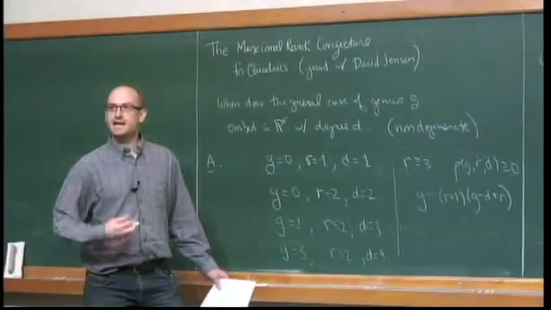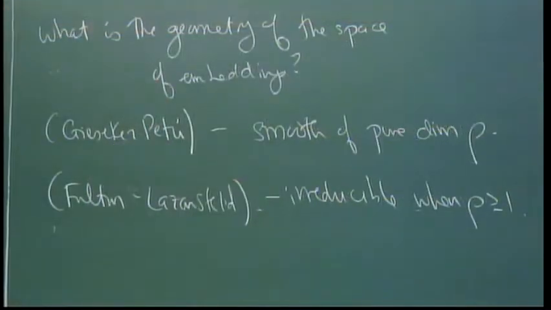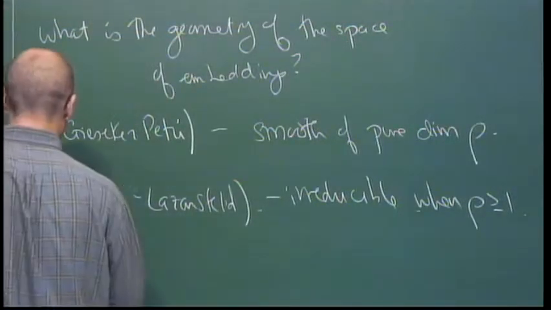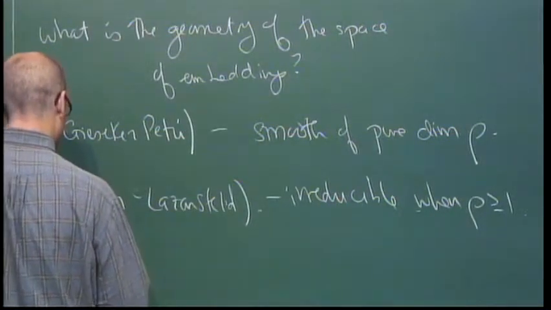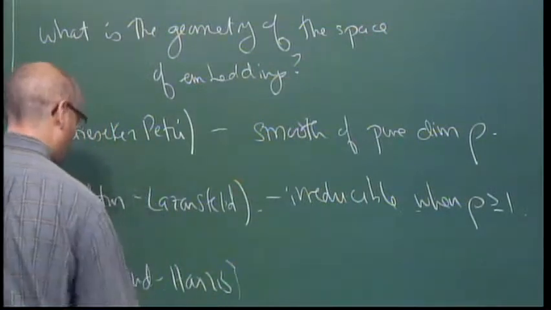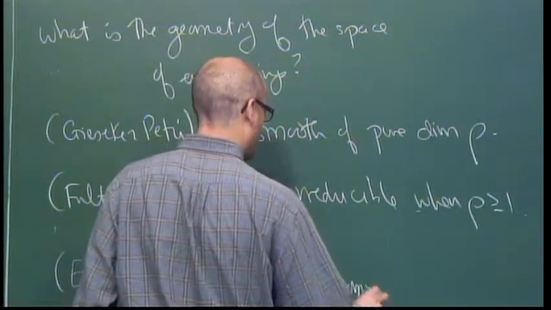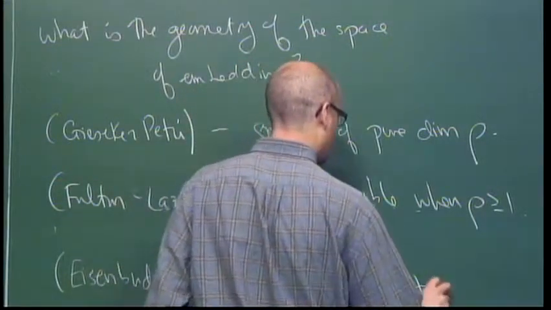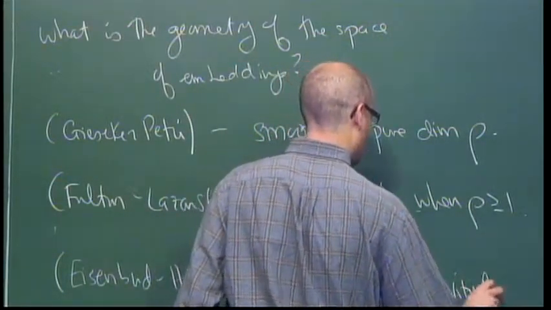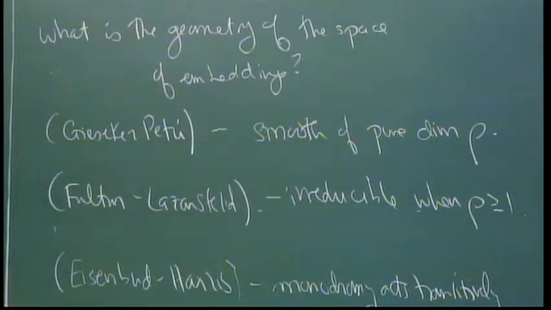But then there's still the case when the dimension is 0, and we have finitely many such embeddings on the general curve. And there you might want to think about how this behaves in families. And Eisenbud and Harris tell us that monodromy acts transitively when rho is 0. So that means, in some sense, you can't distinguish the different embeddings when there are finitely many.